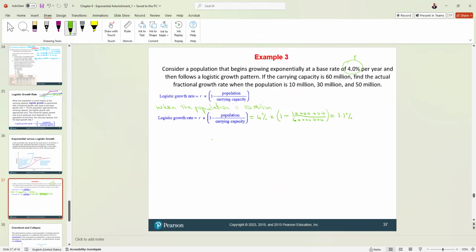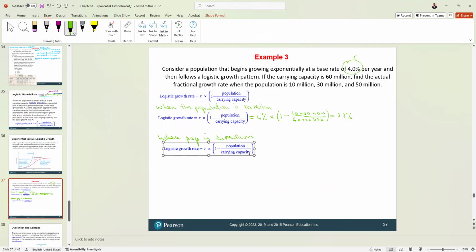So the same way, if you do this population, I'm gonna try to do two of them. You know, when pop is 30 millions, right? And you're gonna do the same for that.